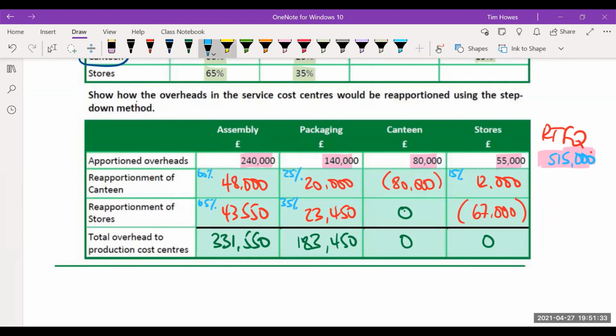And I'm going to double check it because I should still have 515,000 at the bottom, because all we've done is emptied 2 support services into the 2 production services. And when you add these 2 together, it is indeed 515,000. Okay. And so again, I feel comfortable that I haven't missed anything.